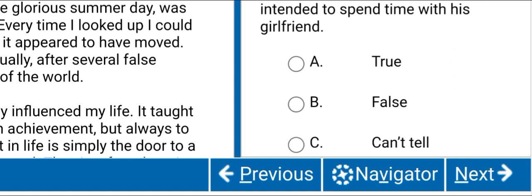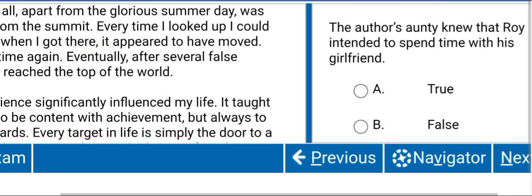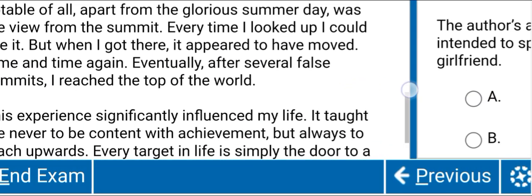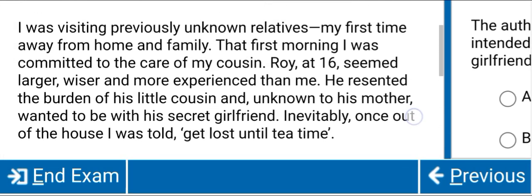Option C, can't tell. Okay, now you can use these keywords to find out the answers from these passages. You can use 'Roy intended to spend time' as your keyword to find out your answer. So let's check where Roy is explained in these passages.